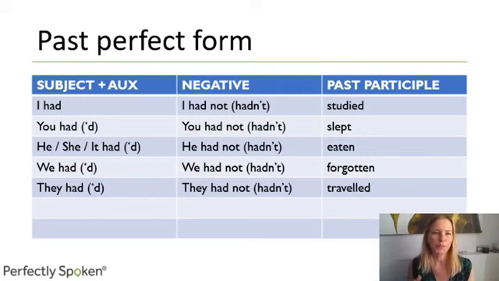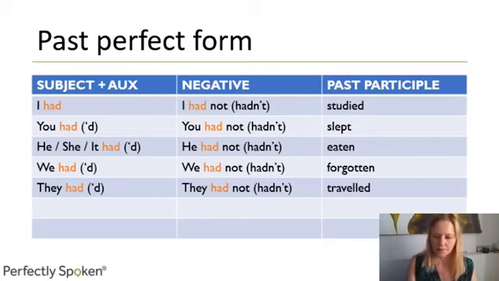Here is the form. So notice you've got the subject and the auxiliary. You can see the auxiliary verb here in orange. Notice it's had, and it can be contracted.